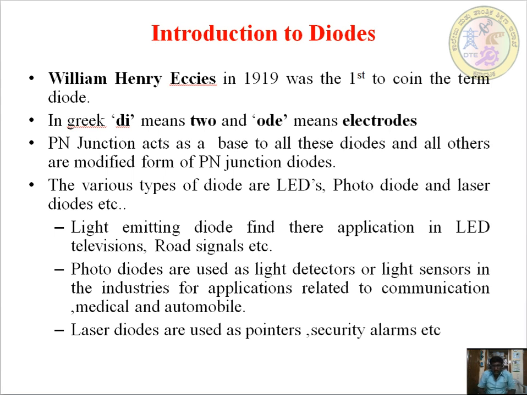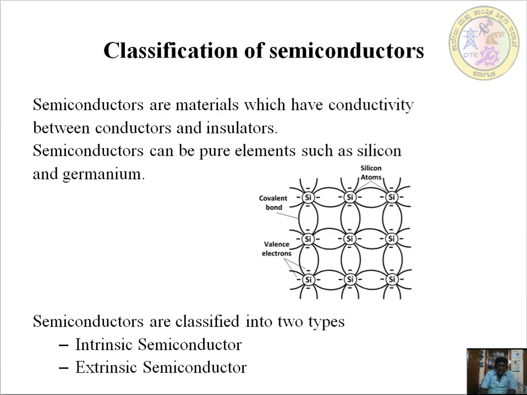Okay, P means what and N means what, each has its own advantages. Next, semiconductors are classified into two types, intrinsic semiconductor and extrinsic semiconductor. Intrinsic means the pure form, and extrinsic semiconductor means an impurity is added, whether a pentavalent impurity or a trivalent impurity.